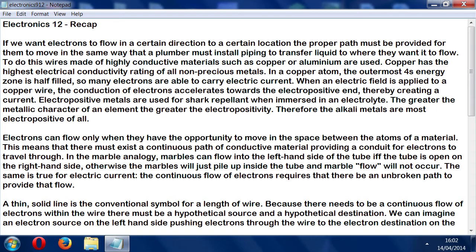So as long as you've got a wire, and at this point I was obviously thinking of this straight wire. And then with the marbles, of course, I've spoken about marbles a lot. You put one marble in the left hand side, push it through, and one comes out the other side. Of course, that's only going to happen if and only if the tube is open on the right hand side.